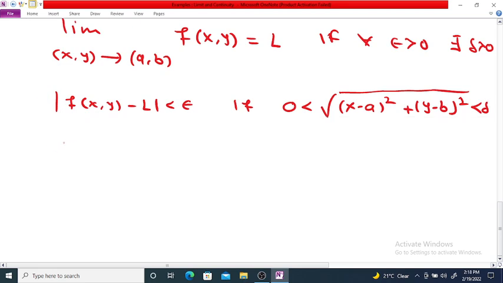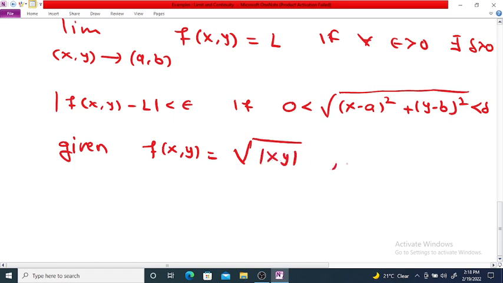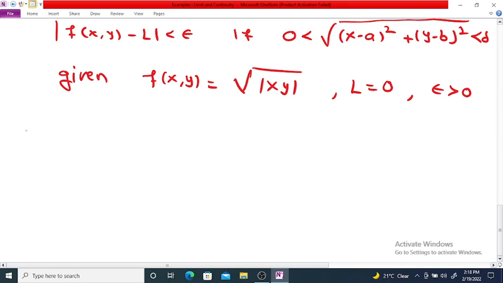So given f of x, y is equal to the square root of mod of xy, L is equal to 0, and let epsilon greater than 0 be any real number. Here a, b is equal to 0, 0.